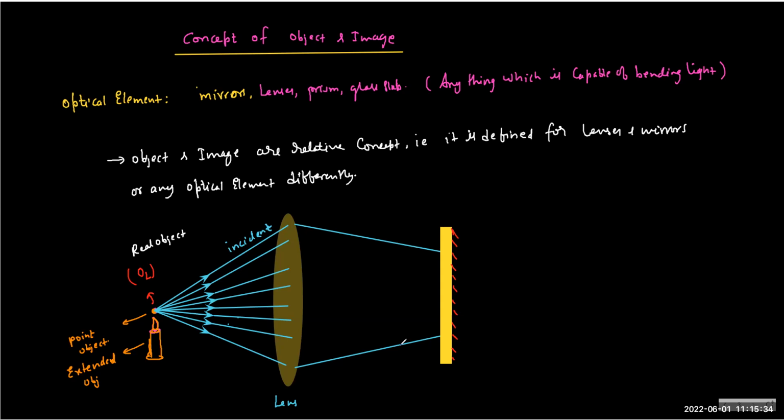If you trace back the incident rays and they actually intersect, we call it real. So for the lens, if you trace back the incident ray, are they intersecting? Yes. All right. Now imagine these two light rays which are hitting the mirror. So now these two light rays are called the incident rays for the mirror.